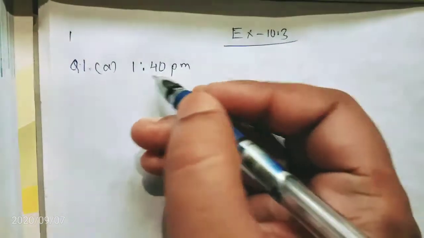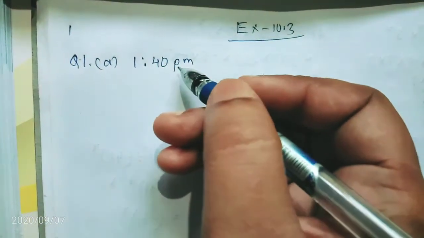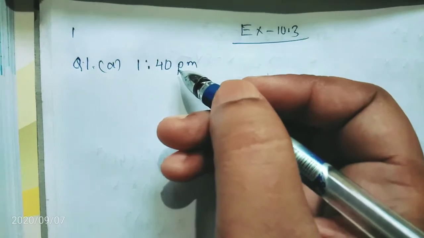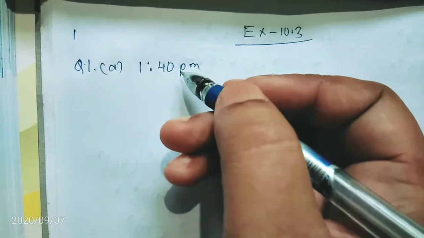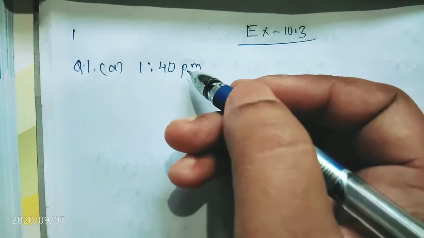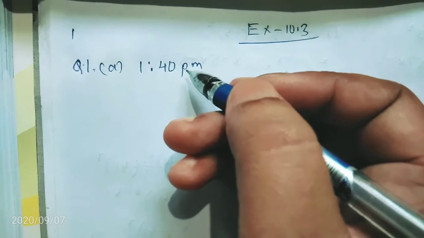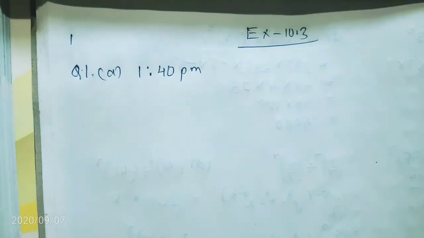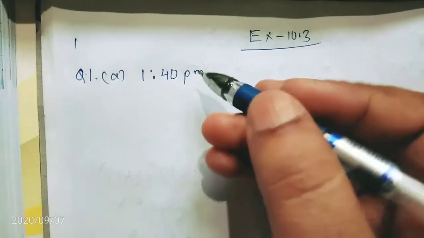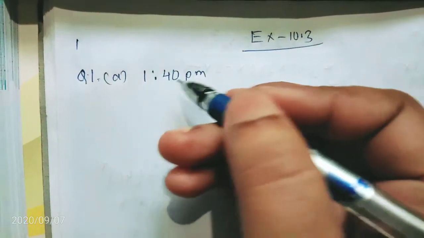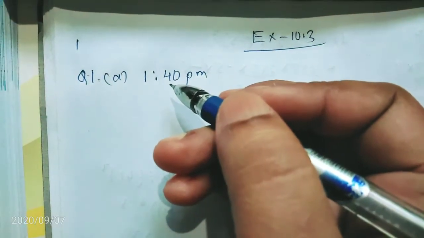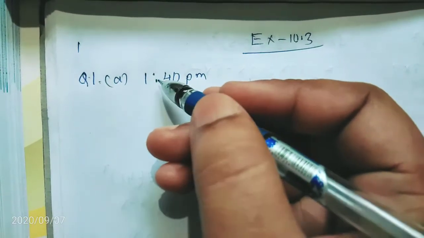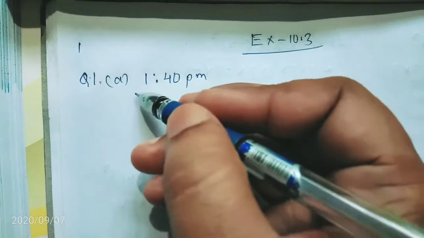Question number 1A is 1:40 p.m. When you get PM, that means it is after 12 o'clock noon. So when you get PM, you have to add 1200 hours. First of all, you convert this into 24 hours. How?